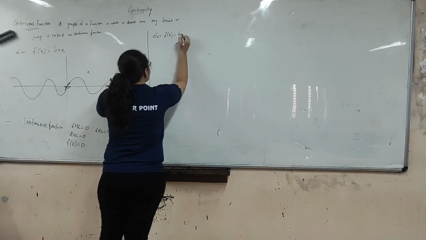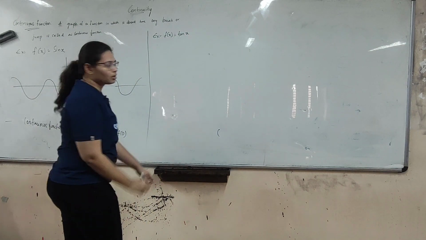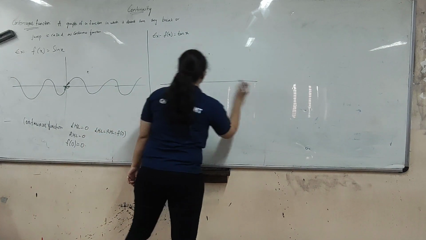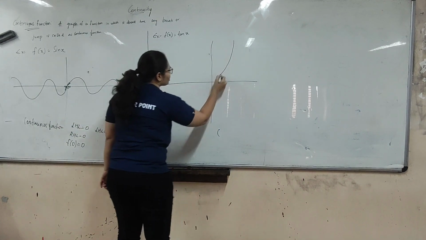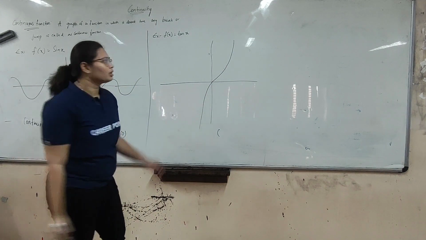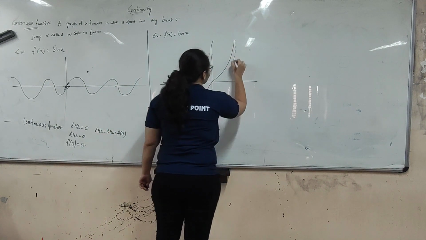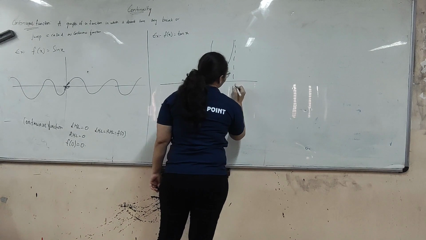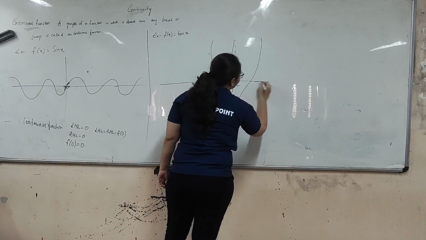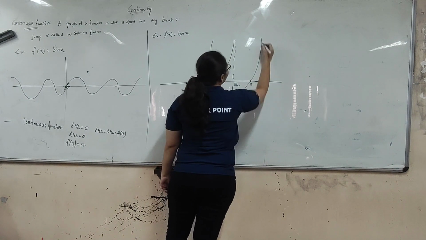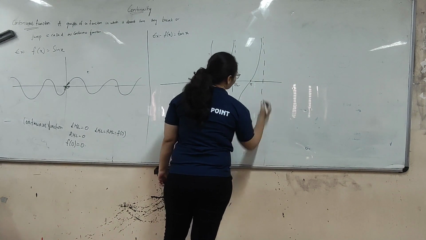f of x is equal to tan x. How will the graph be? The graph will break at pi by 2 and say 3 pi by 2.